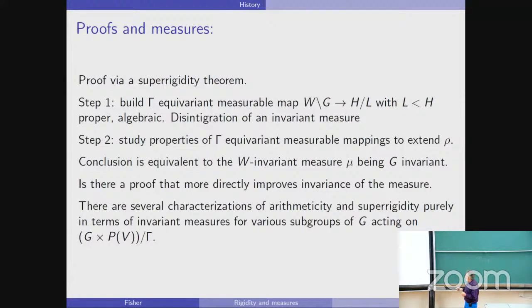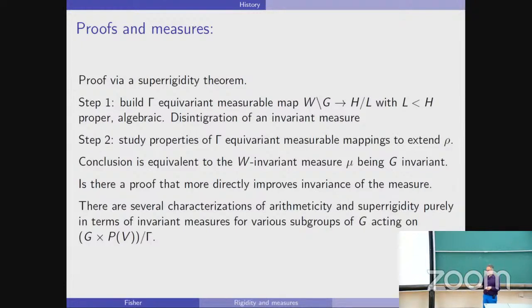And I want to add just one more comment on this part of the talk, which is that you can actually write down several characterizations of arithmeticity and superrigidity purely in terms of invariant measures for various subgroups of G acting on this projective bundle. And they are in the proceedings paper connected to this talk.